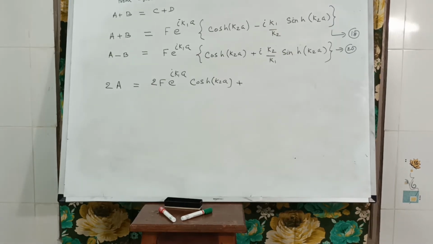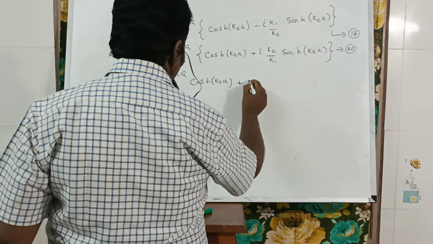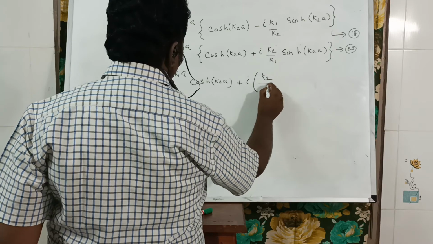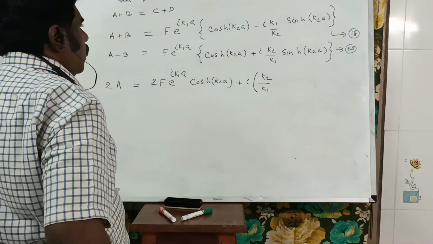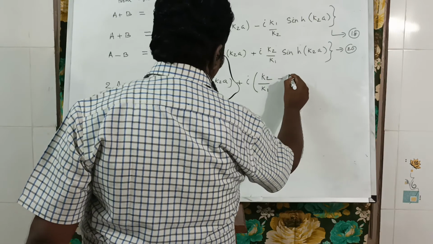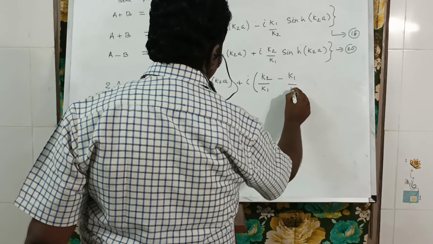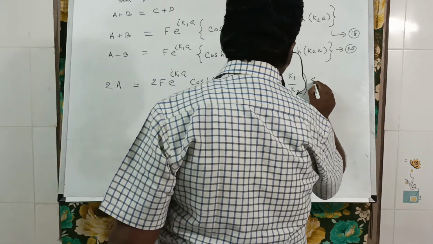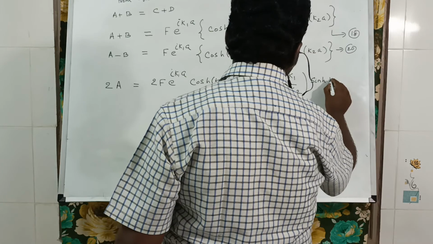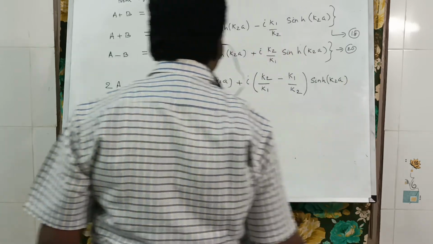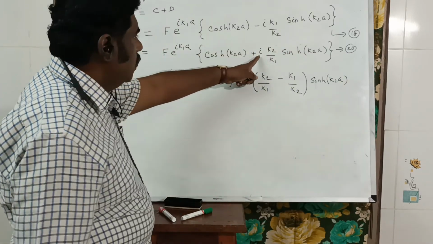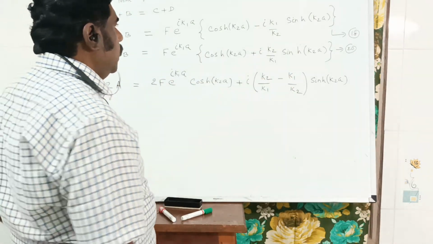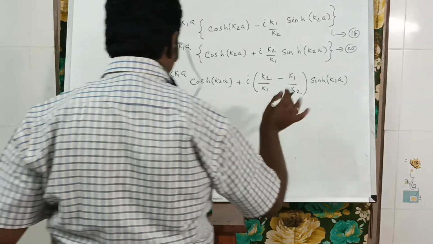Just take this i outside into K2 by K1 minus K1 by K2 sinh K2 of a. Just we have added these two terms, plus i K2 by K1 minus K1 by K2 into sinh K2 of a. This is 2A.